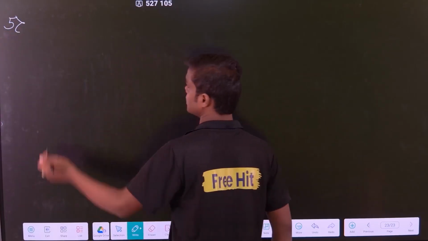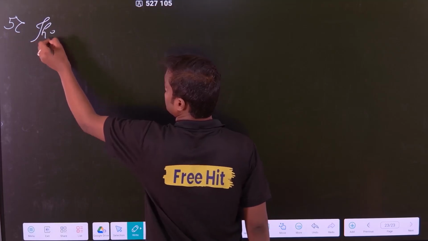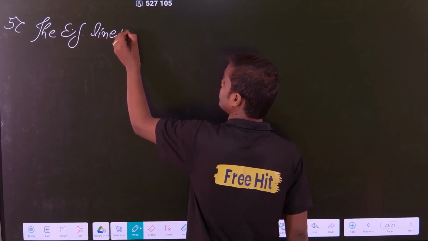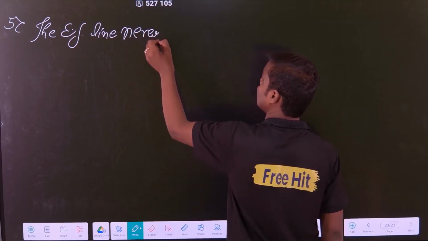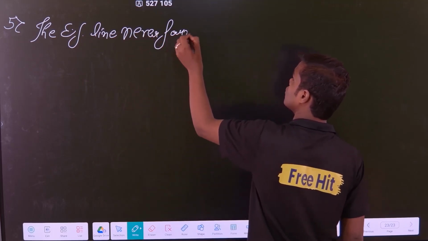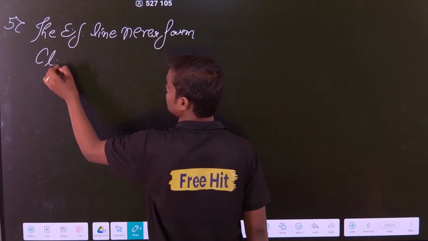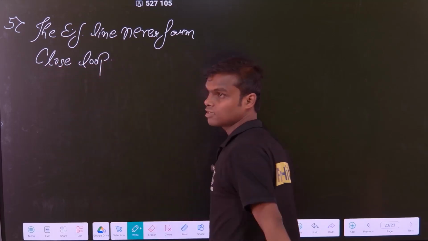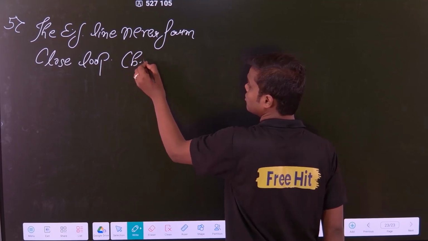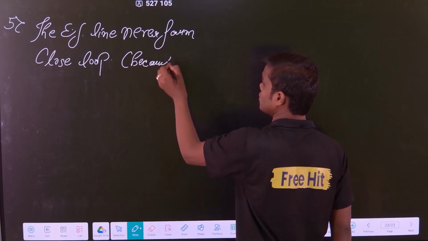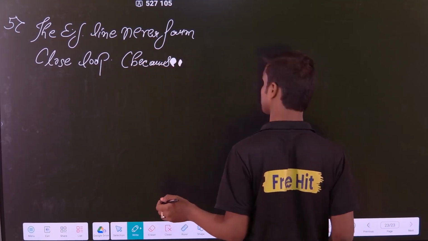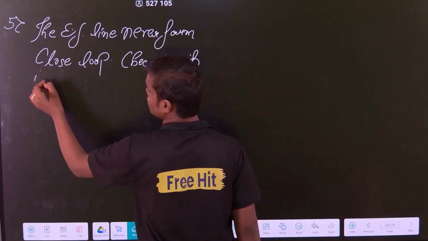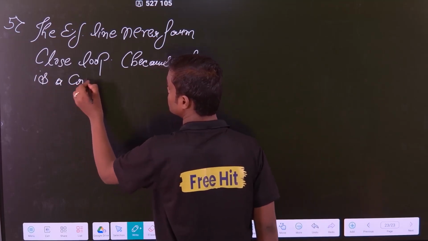Clear? Second thing, the electric field lines never form a closed loop. Why? Because it is a conservative force.